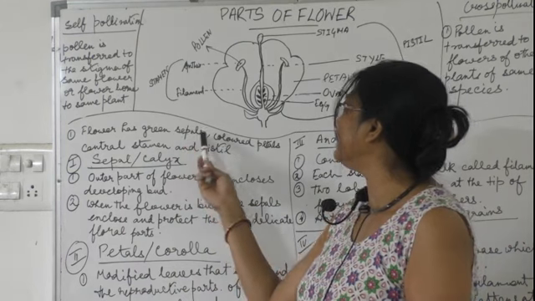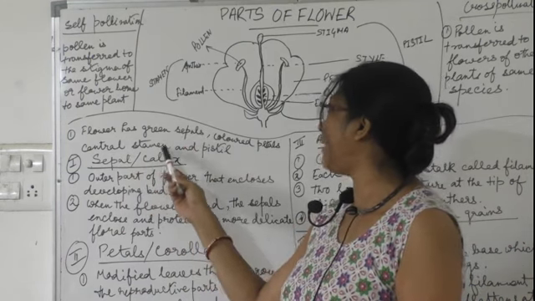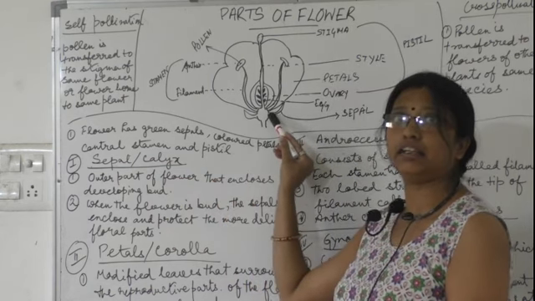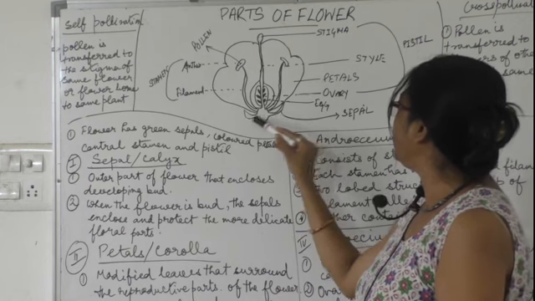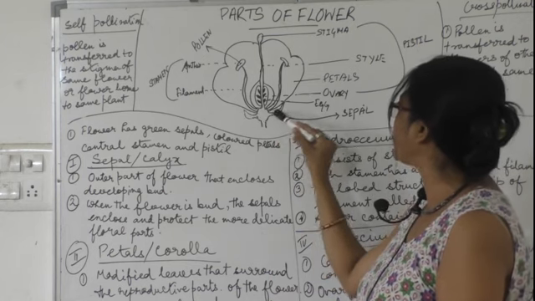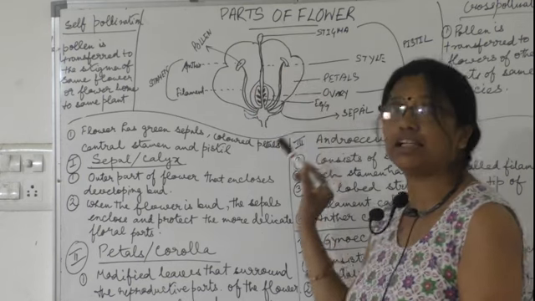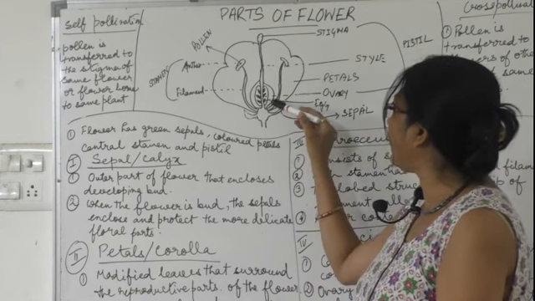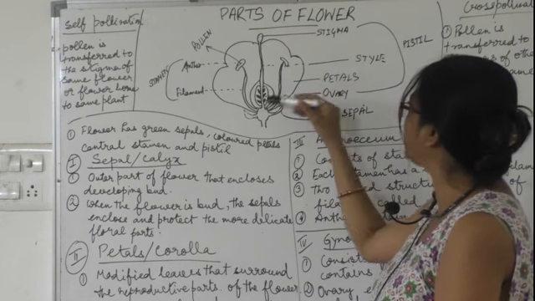Flower has green sepals, colored petals, central stamen and pistil. This is the diagram of flower. You can see these are green sepals, this portion, and these are petals which are generally colorful. Now flowers are having centrally located pistil.